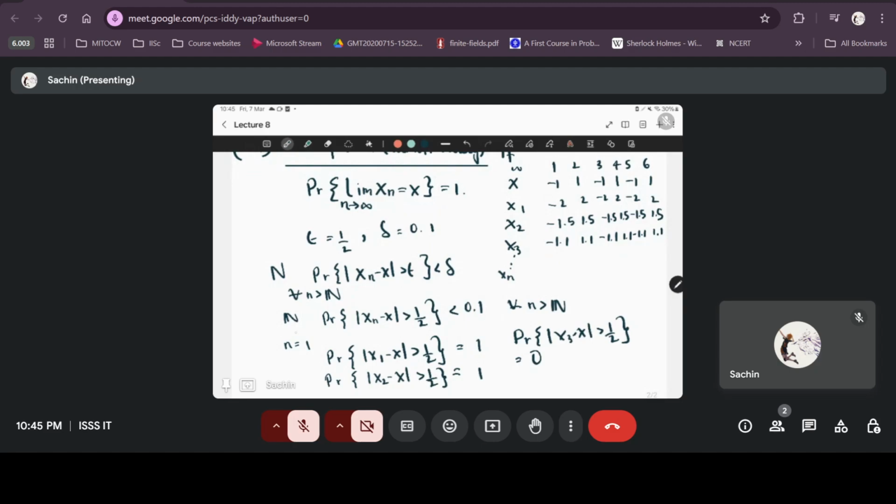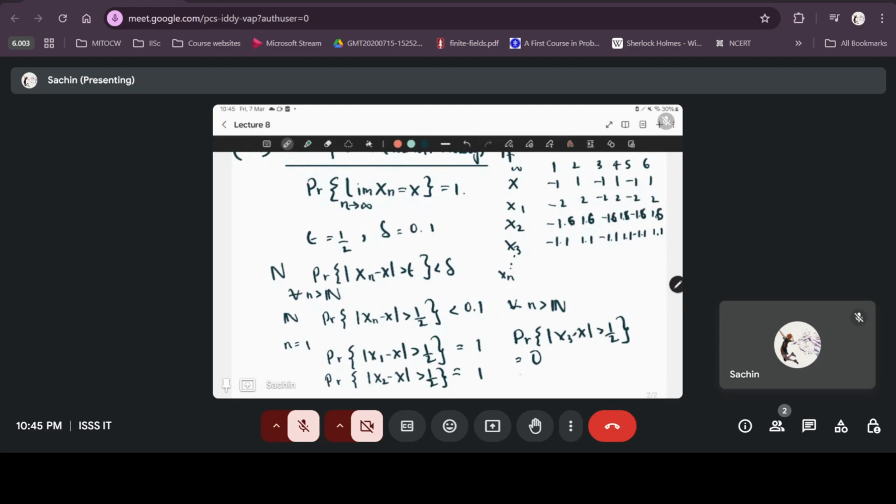So for these values of epsilon and delta, capital N is equal to, actually, let's just change these to 1.6 to avoid confusion.